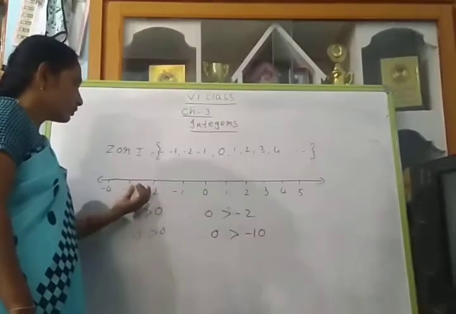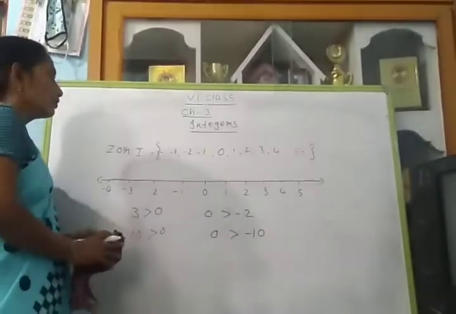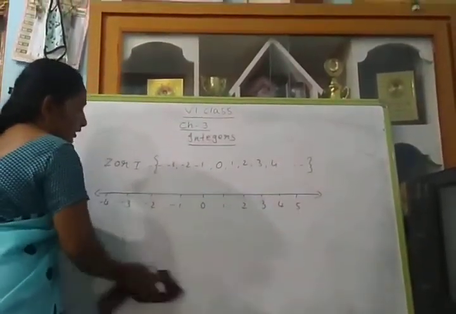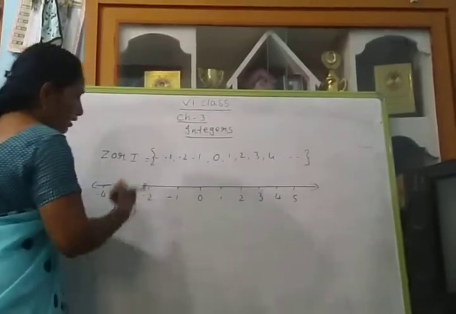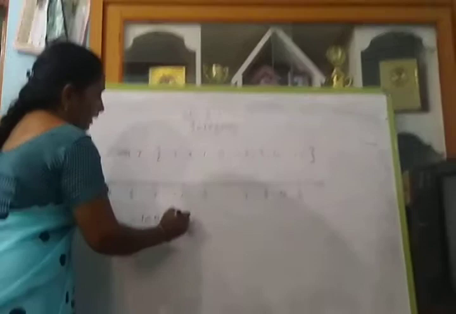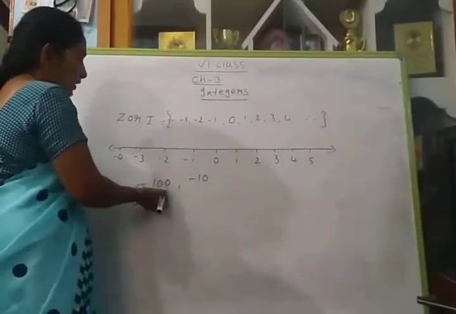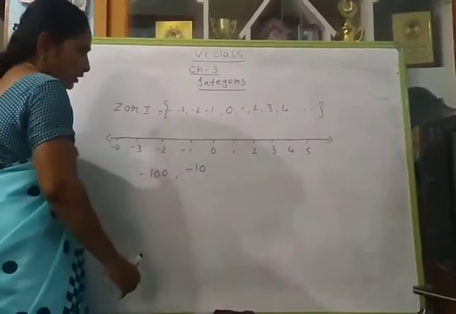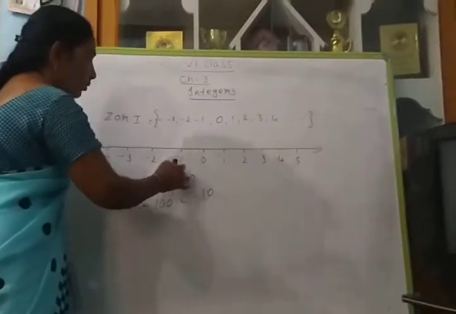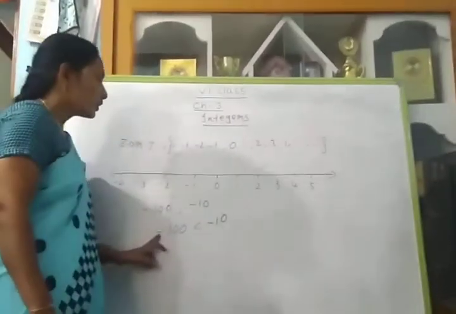When we move left, the value is decreasing. When we write a negative sign before a number, the smaller one becomes bigger and the bigger one becomes smaller. Now see, minus 100, minus 10. Which is smaller, which is greater? Minus 100 is on the left side of minus 10, so minus 100 is less than minus 10. Minus 10 is greater, because of the negative sign.